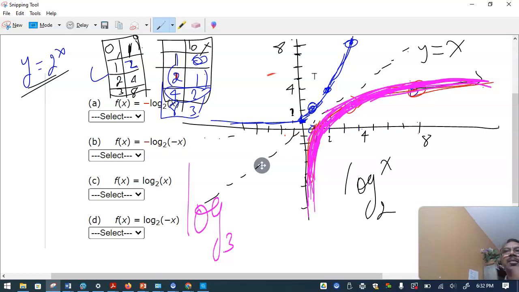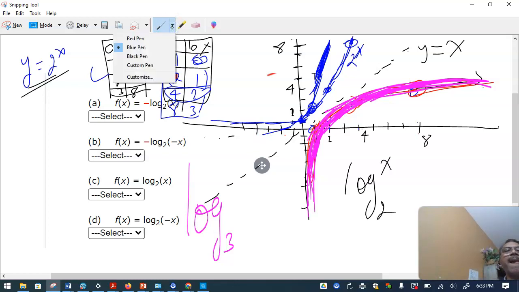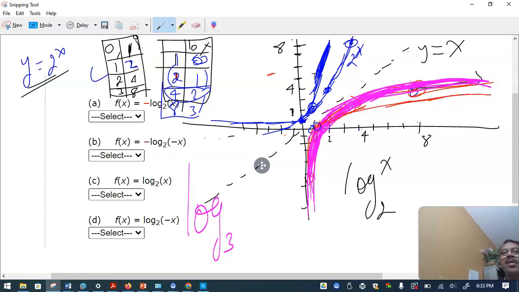Remember, when you talk about the exponential function, if this was 2 raised to x, then 3 raised to x increases faster. That means when you reflect this, it goes below like this. It goes this way, through this point, and then goes a little down this way.